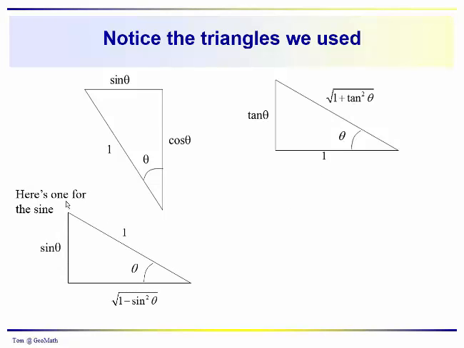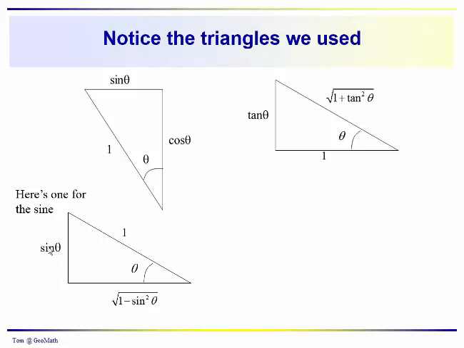Okay, so here's one for the sine. Sine of theta is the side opposite over the hypotenuse. Sine over 1 is equal to the sine, but that makes the side adjacent equal to the square root of 1 minus the side opposite squared, 1 minus sine squared of theta.